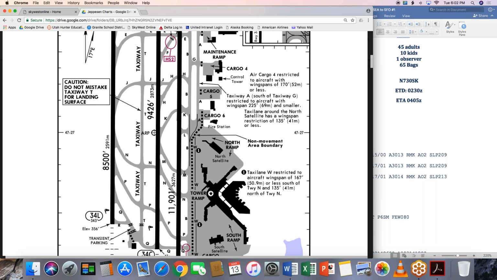At sea level, MSL, it's 15 degrees, right? Yeah. So what is our ISA at Seattle if our altitude's 400 feet?